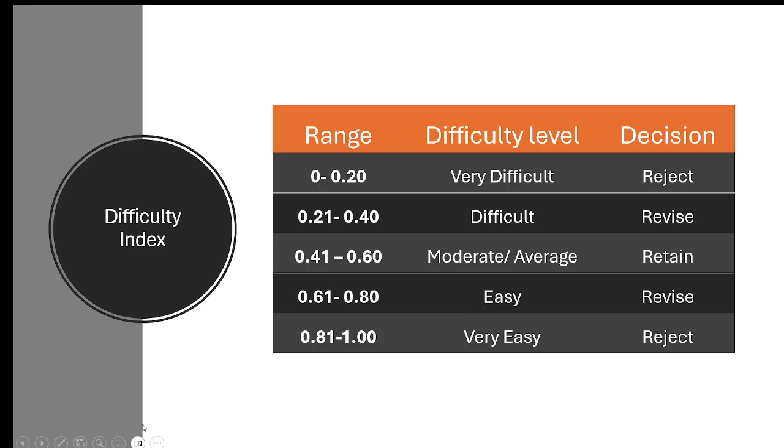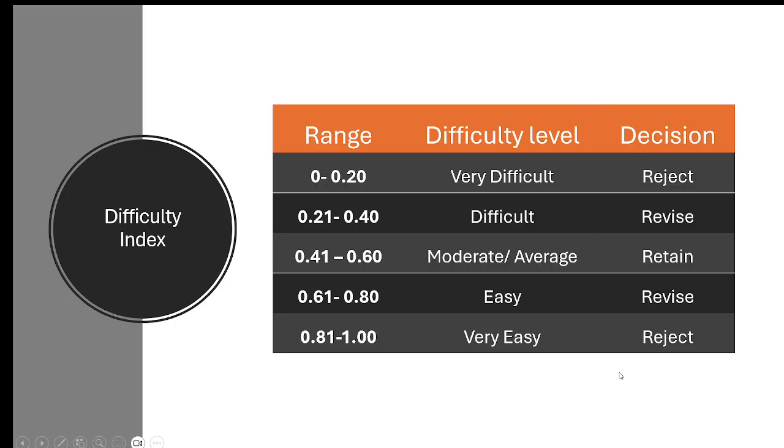So in this way we are going to calculate the difficulty level for all the items or the questions that we have used for our unit test. So this is what the teacher is going to calculate, the difficulty level of each and every item.